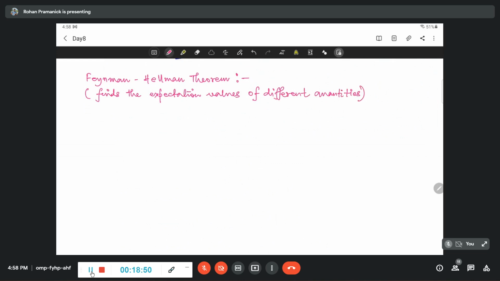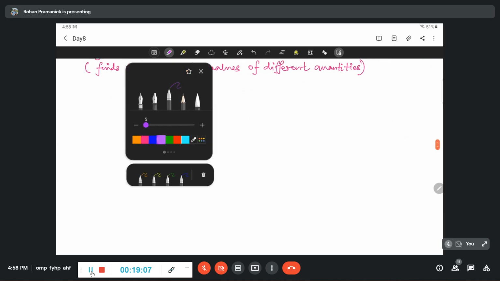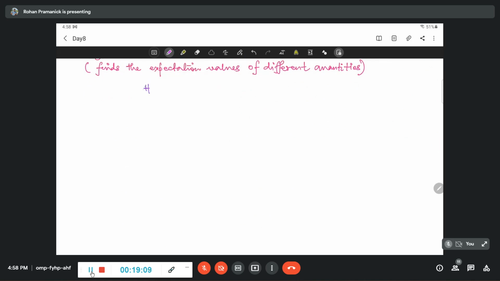The important thing is that it is used for non-degenerate states, and of course we are doing non-degenerate perturbation theory. The theorem is nothing but this: let's say your Hamiltonian depends on some parameter lambda, which is not a coordinate.